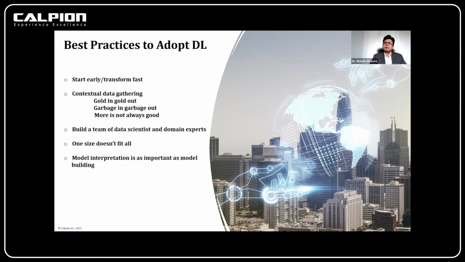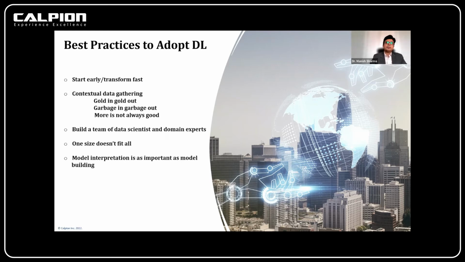The thing is there are very common practices which need to be followed very religiously. One is start early. This can definitely give a competitive advantage. And if they've started transforming, then transform fast. Second is, of course, deep learning models are doing those wonders because of the data.